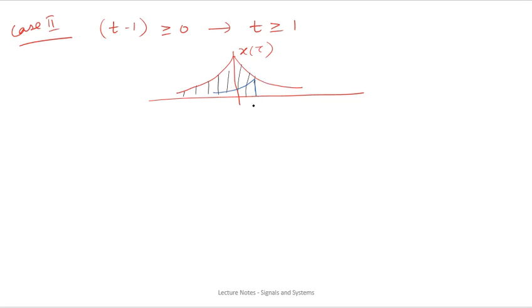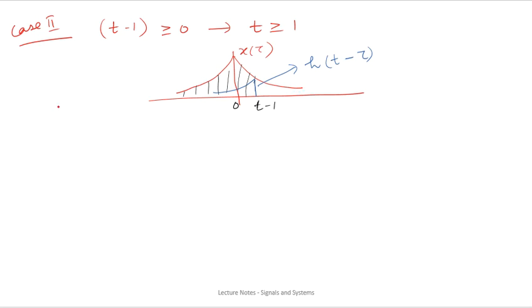So if this is t minus 1, this is 0, and this is the same signal h(t minus tau). Again, in the same figure I have tried to show both these signals.